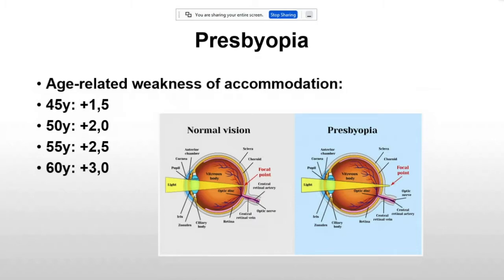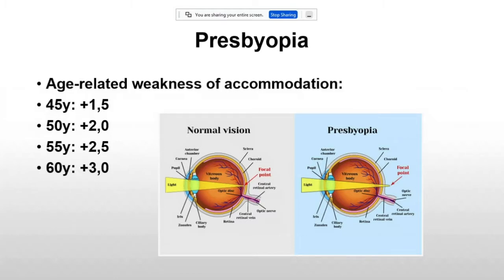Children have really strong accommodation, and with age this power decreases. But the weakness appears first in hyperopic eyes, which accommodate more than the ametropic eye and even much more than the myopic eye. And this weakness usually starts at the age of 45.